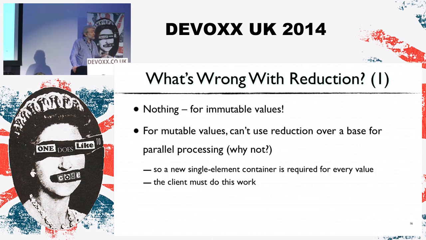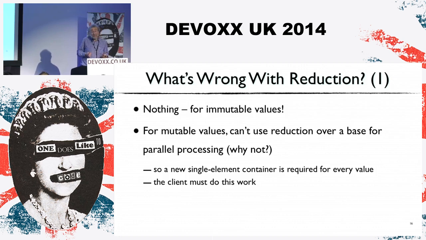The problem is that the assumption with reduction is that the identity, the base used for reduction overloads, is reusable. So if you say I'm going to reduce summation over the base of 0, start with 0 and then add things to it, on a parallel stream that value will be used by different threads.